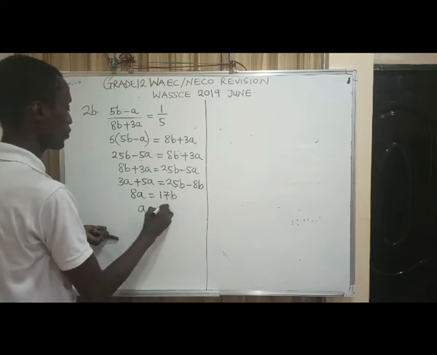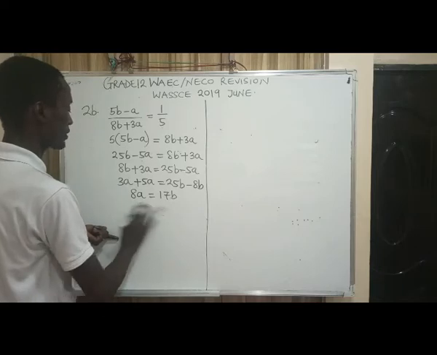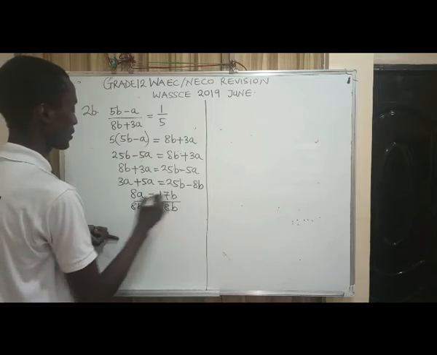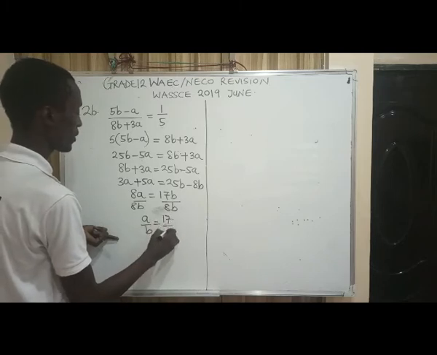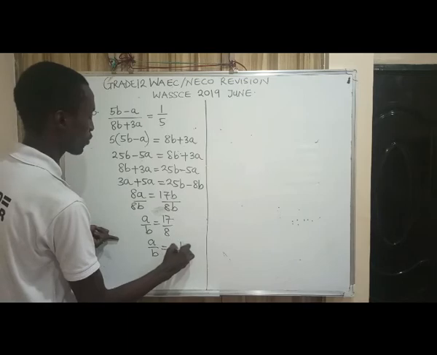So a will now be equal to what? Okay, let's now divide both sides by b, by 8b. So I'm going to have a over b equal to 17 over 8. So a over b will be equal to 2.125.